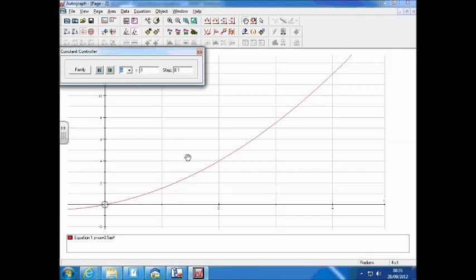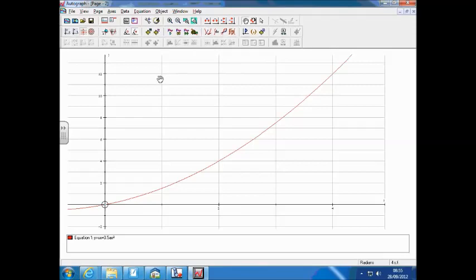So at the moment this function is plotting displacement against time when u and a are 1, which might not be the case. So the first thing we have to do is find out the values of u and a, and then we can plot the function.